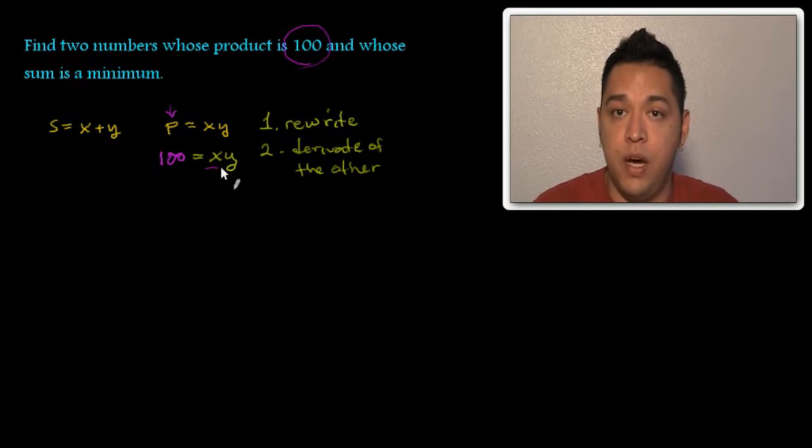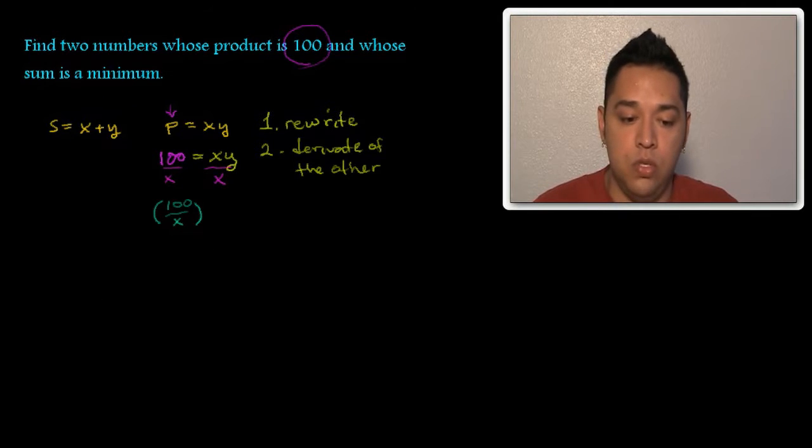So let's say I wanted to solve for y. Then I would have to divide both sides by x. And I would get that 100 divided by x is equal to y, because these two x's would cancel. Now what do we do?